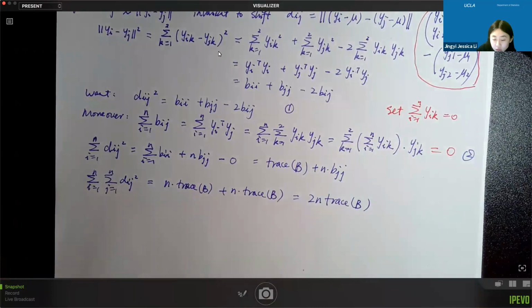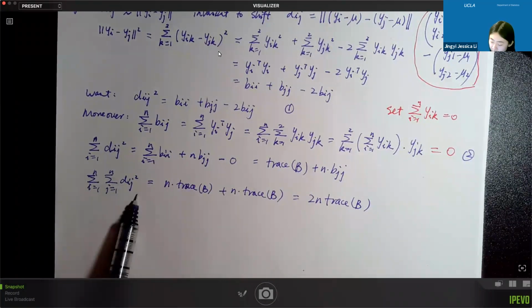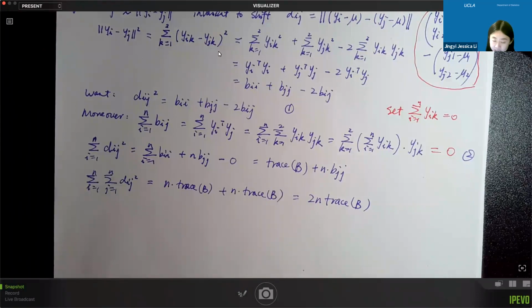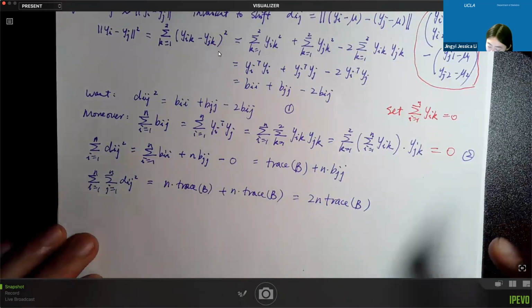Okay, so these results are all very important. Given that I have this result, I can actually solve for bij given the D matrix, the distance matrix.